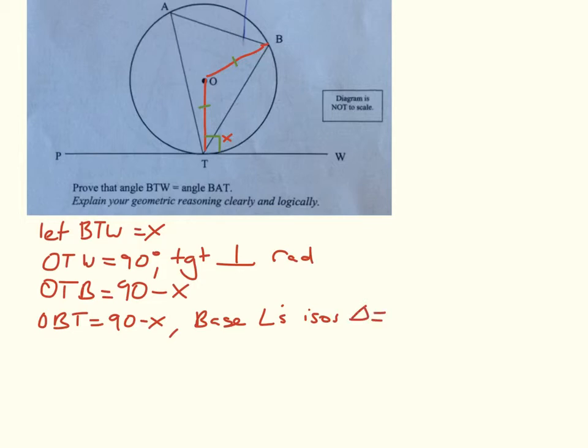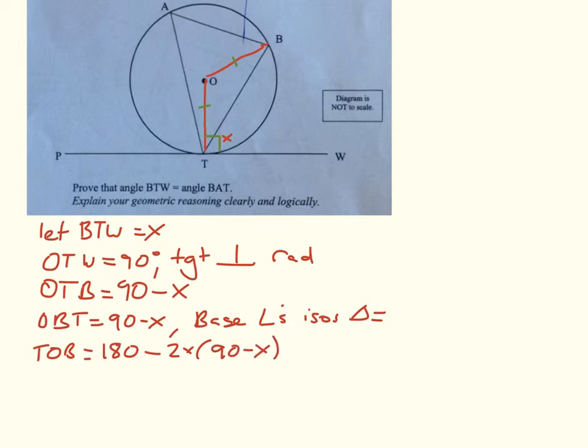The next one I'm going to work out, hopefully you can see it, if I've got that angle in there and that angle in there, I'm going to try and work out that angle there. So to do that, I go TOB, and this is a little bit tricky. I'm going to go 180, because angles in a triangle add up to 180, minus 2 times (90 minus X), because those are my two base angles.